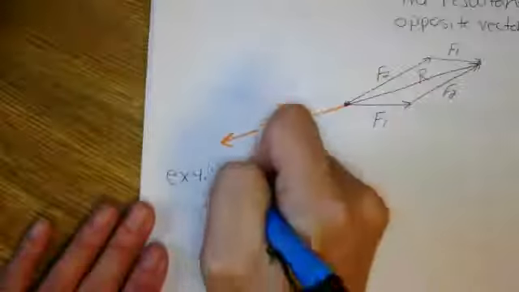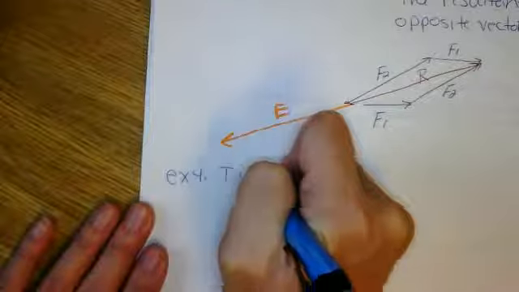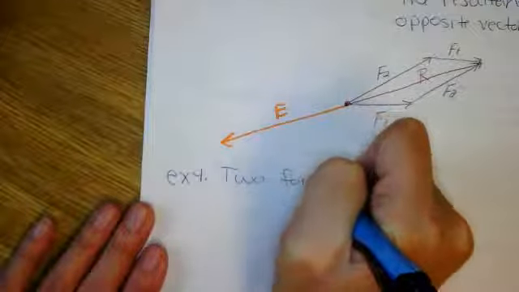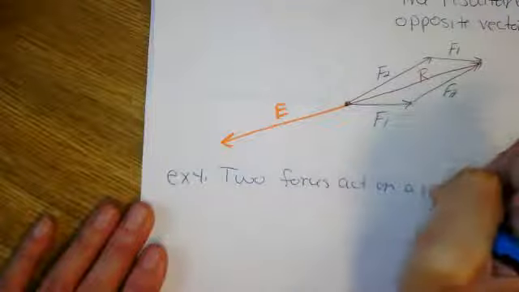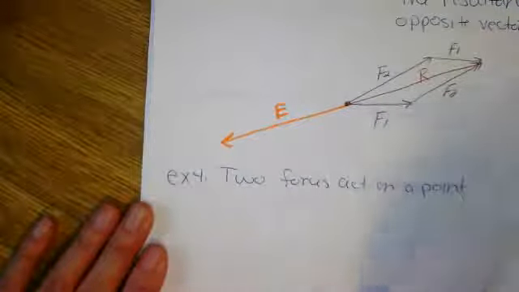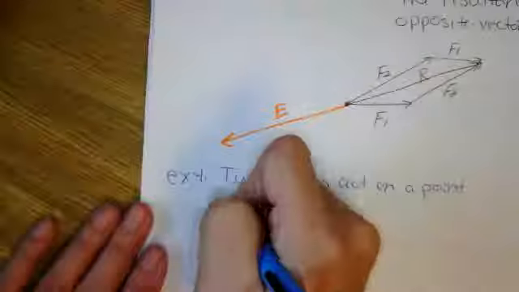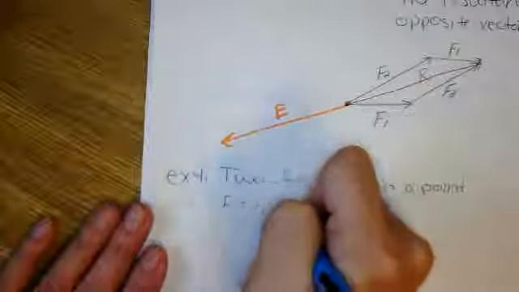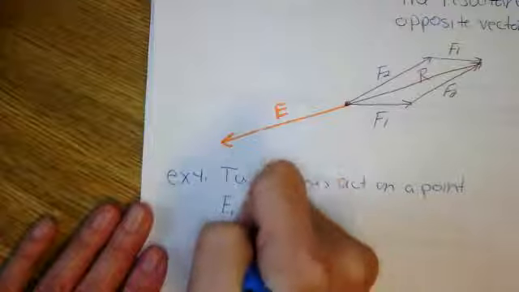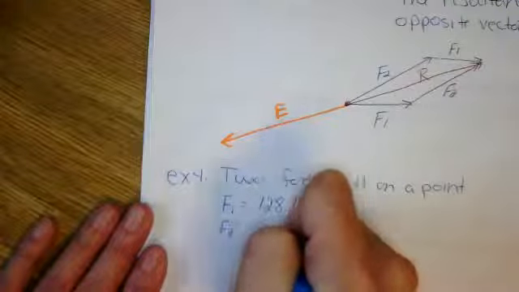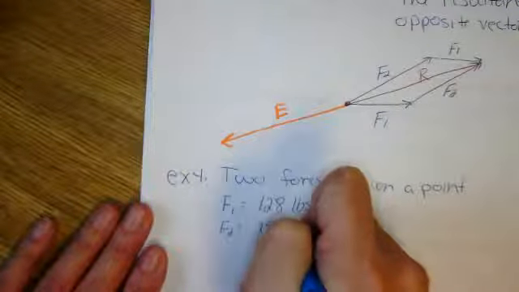Okay, we've got two forces acting on a point. Think of it as ropes pulling a crate. Force 1, 128 pounds. Force 2, 253 pounds.